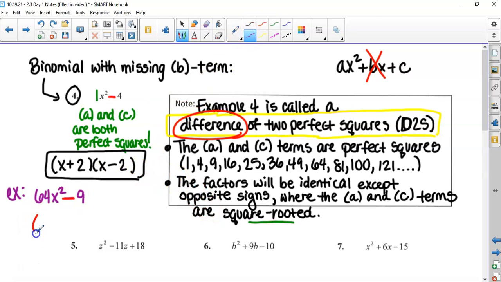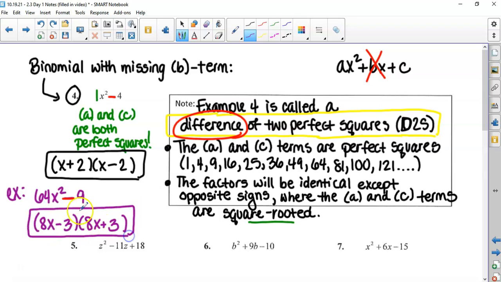So let's get to it. The square root of 64 is 8. So I have 8x, 8x. The square root of 9 is 3. Again, for emphasis, factors are identical except opposite signs. So 8x minus 3, 8x plus 3, and we are done.